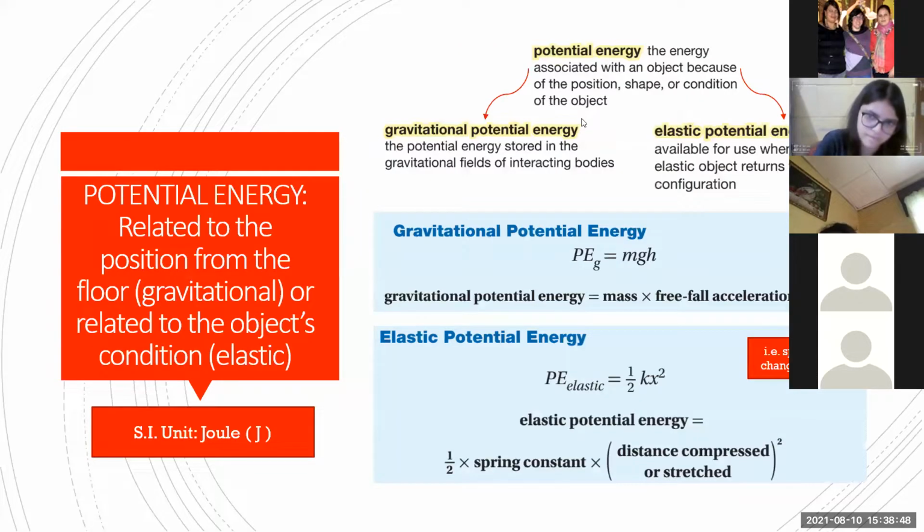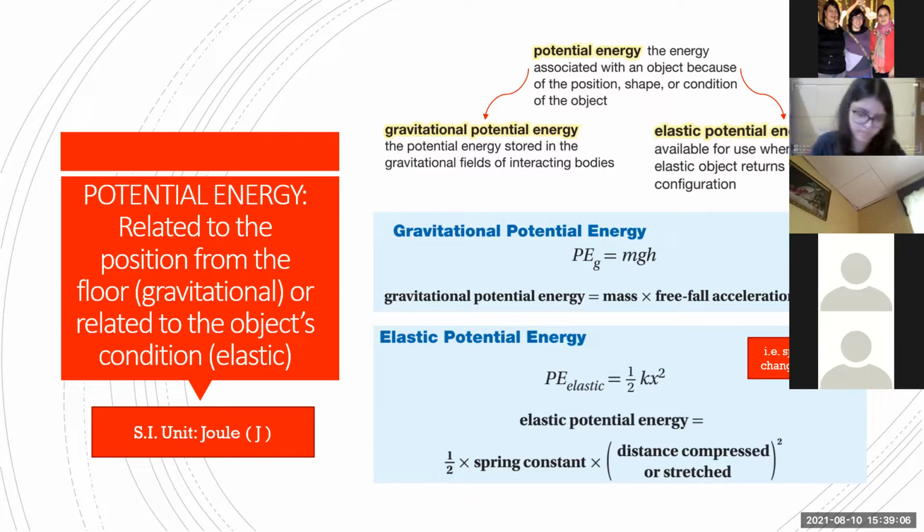And then we have potential energy. We have two kinds, gravitational and elastic. Gravitational is like the example that I was giving you, according to the position that I have.